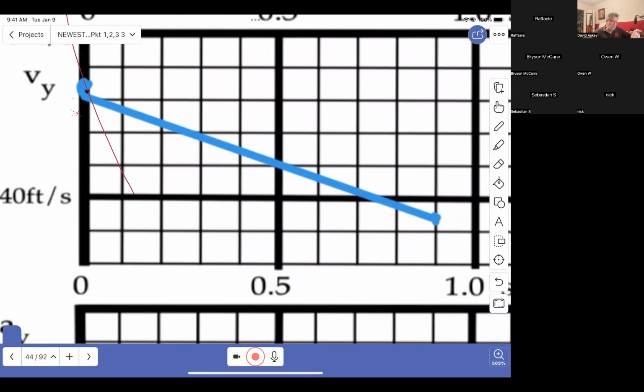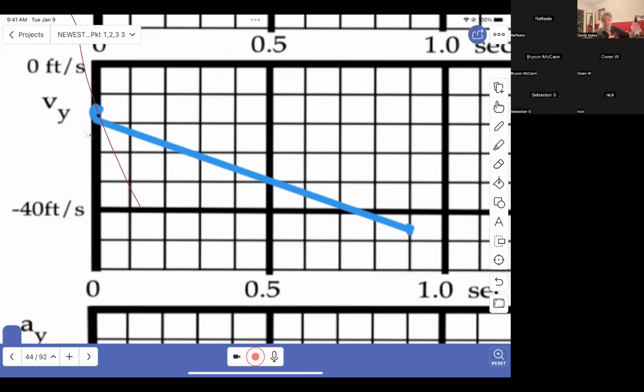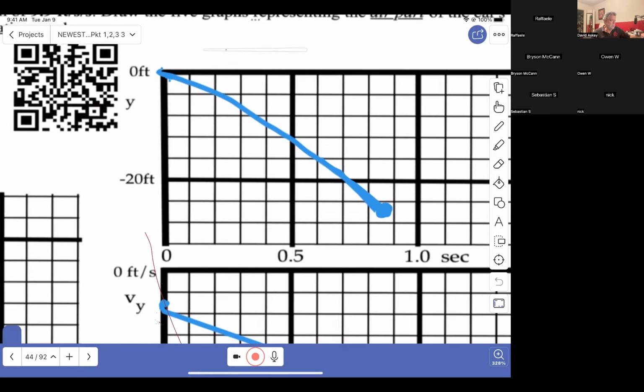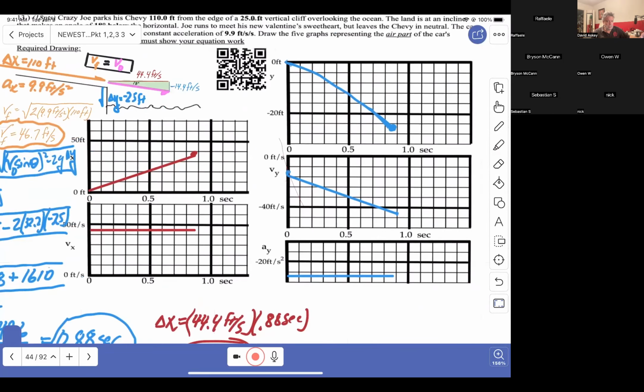It'll be a negative linear slope, but this one happens to start off at a negative velocity. It might be a bow tie, right? If he's going off a ramp that has a positive angle. And this will look parabolic, negative parabolic. So that's the general shape.